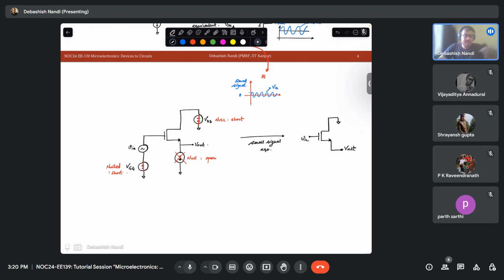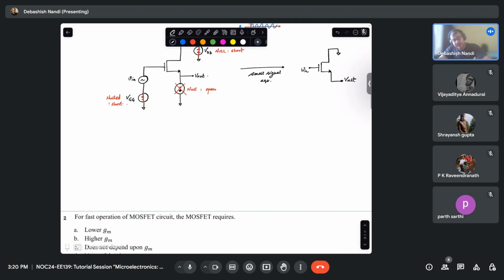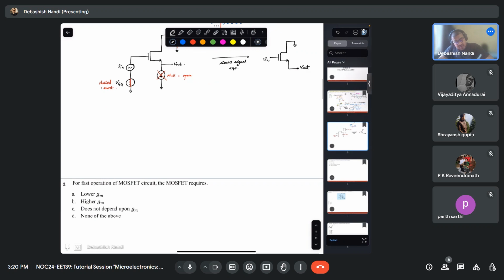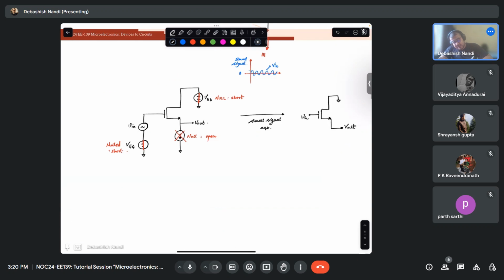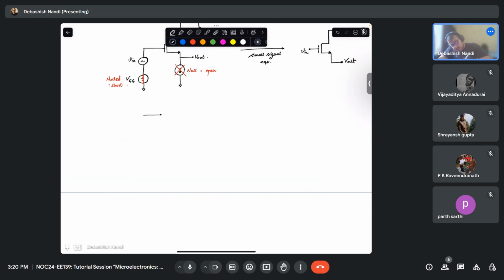And what you have studied so far, how to analyze the small signal equivalent circuit for a MOSFET, is something like this. So this is one terminal, this is another terminal; let's say this is your gate, this is your drain, and this is your source. Okay. So far what you have studied, the voltage difference, let's say this is your V in, and you are probing your V out from here. Okay.